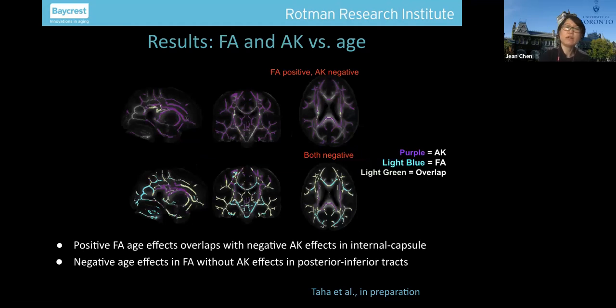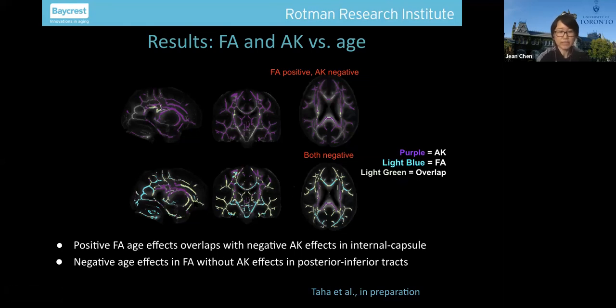Furthermore, comparing FA with AK now, again, the same types of overlap, but this time we see that positive age effects in FA overlap with negative age effects in AK in the internal capsule. So now we do see this little region here, which is the only one that is sort of got any kind of overlap in the first row.